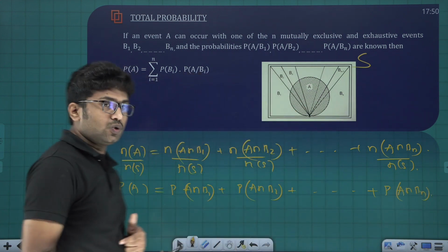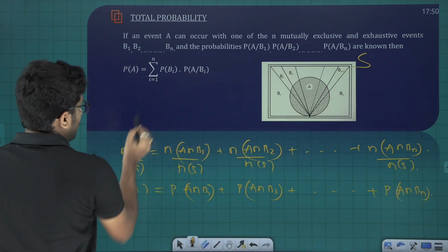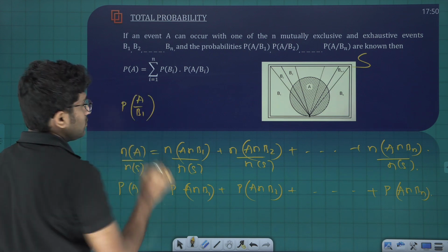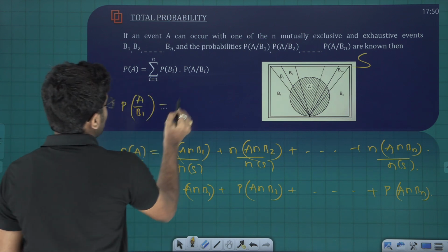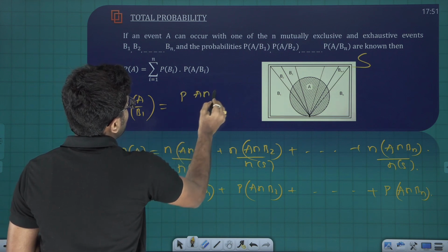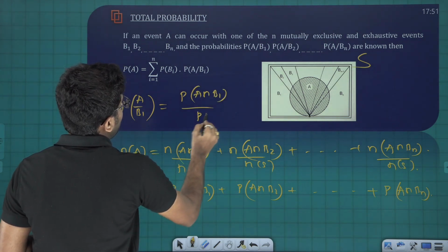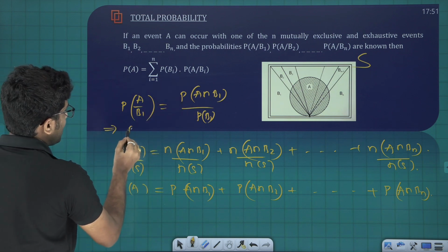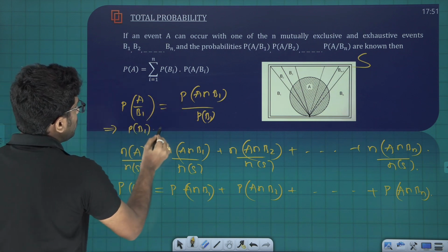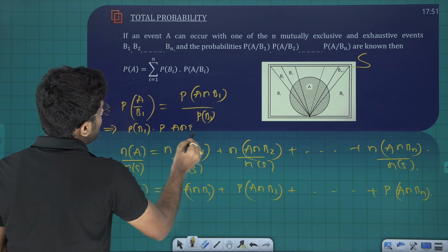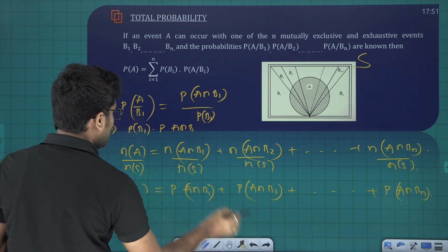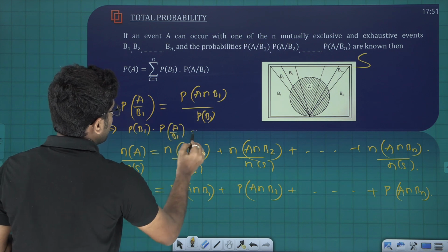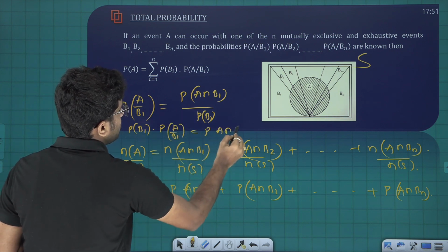Now we already know P of A given B1 is equal to P of A intersection B1 divided by P of B1. So from here we can write P of B1 into P of A given B1 is equal to P of A intersection B1.